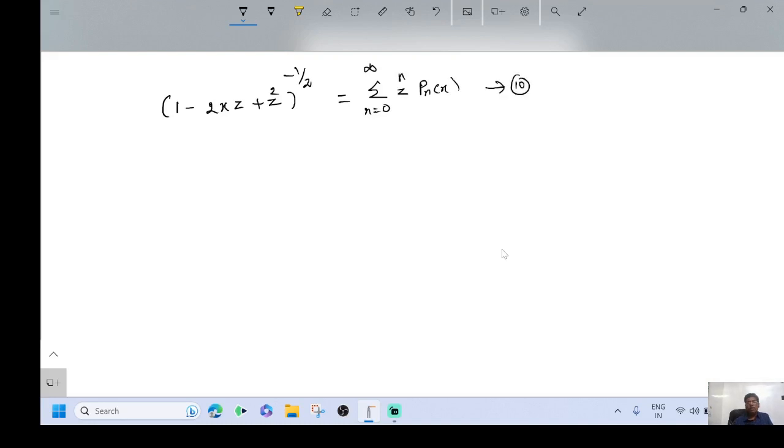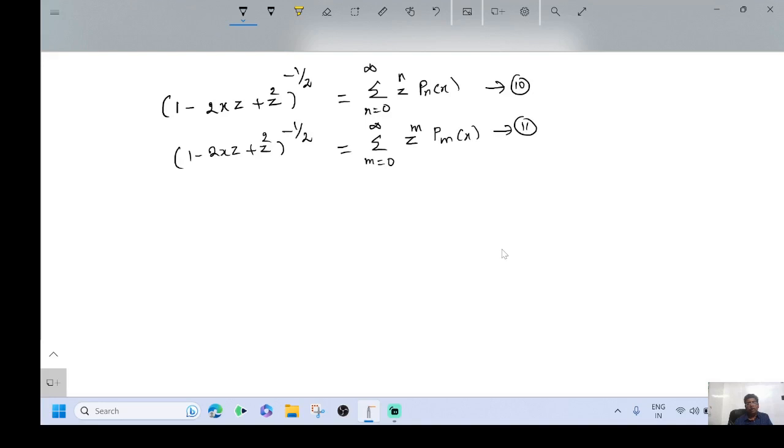This is called the generating function. We have expressed Pn of x in terms of generating function 1 minus 2xz plus z square power minus half. In the same manner, we can write 1 minus 2xz plus z square power minus half equal to summation over m equal to 0 to infinity z power m into Pm of x.